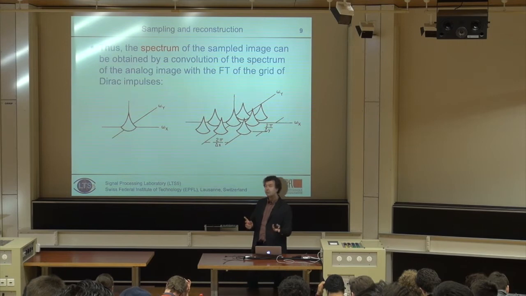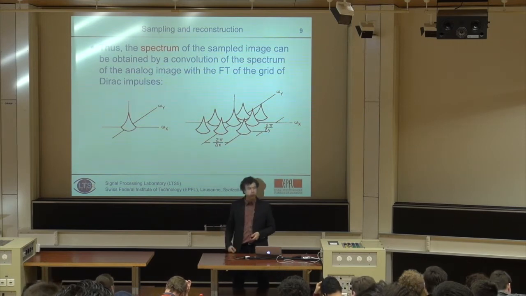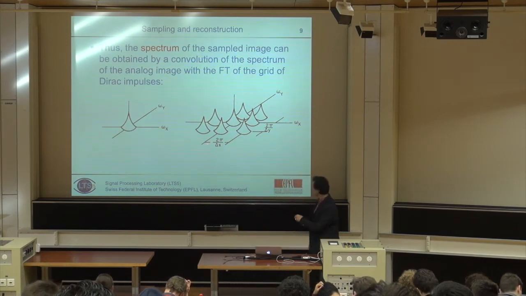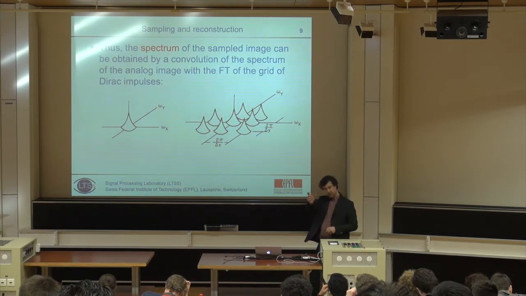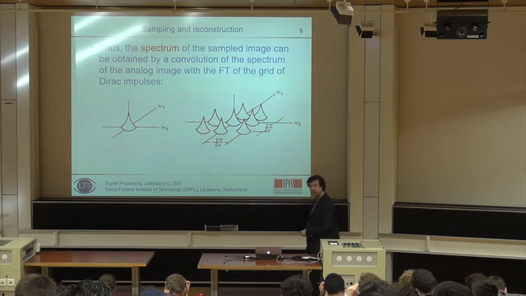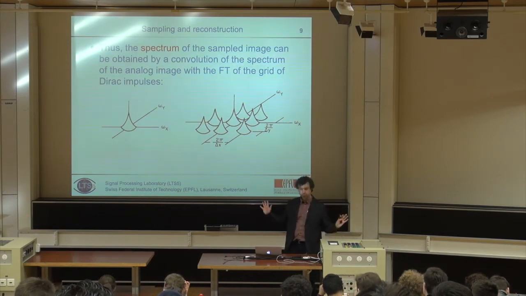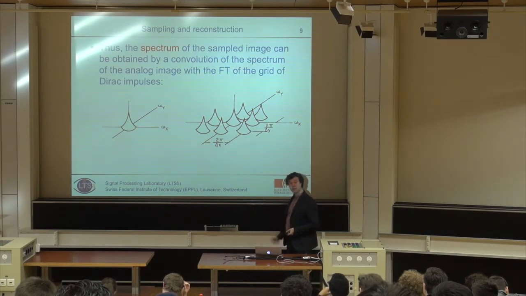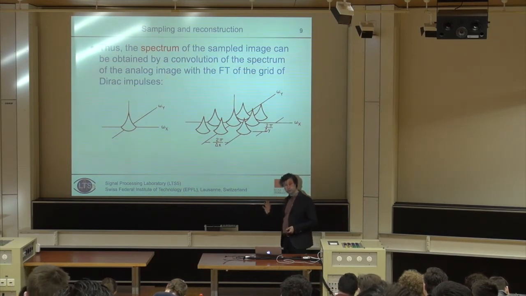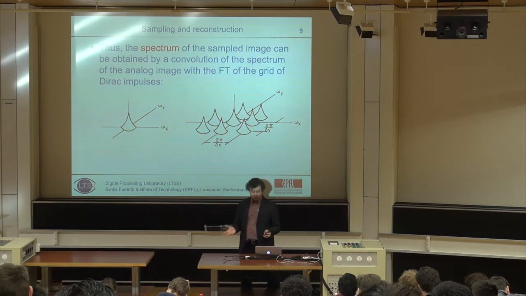If you are in pulsation, it's 2 pi times that. So this is basically, up to a 2 pi factor, the sampling frequency, 1 over the sampling step, and 1 over the sampling step here. Simple.